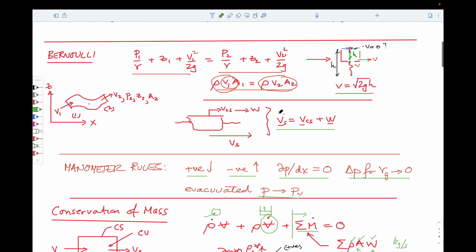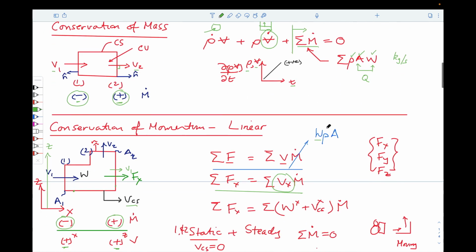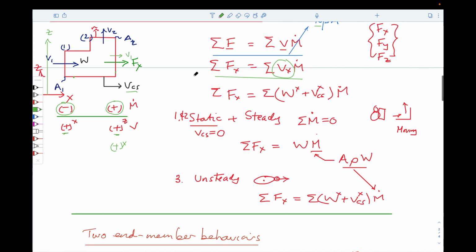And so when we use the static velocity, we can replace it by each of these two components here: the velocity of the control surface and the fluid velocity across the boundaries. And we can write this equation as this. So this expression and this expression here are exactly the same expression. All we've done is we've just substituted for this.